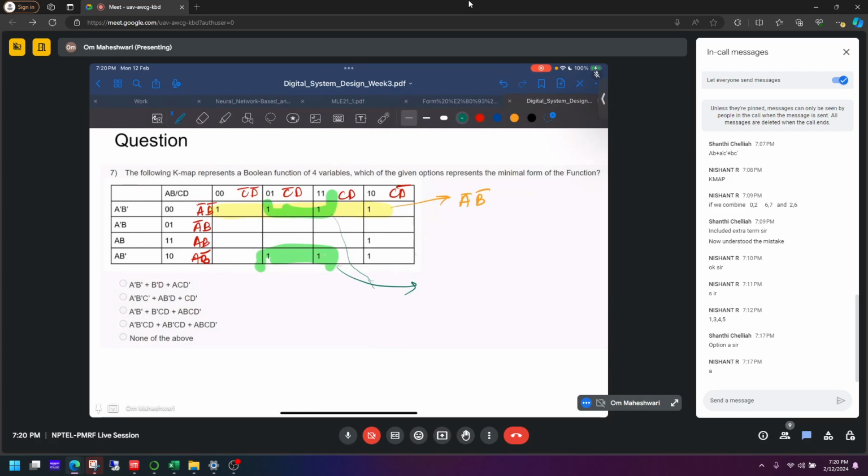This is B bar D. Then we have these two remaining, right? So just form a group here. This is A C D bar.